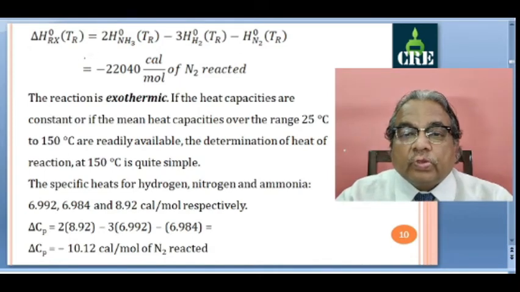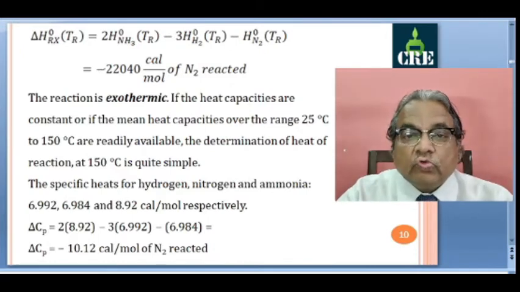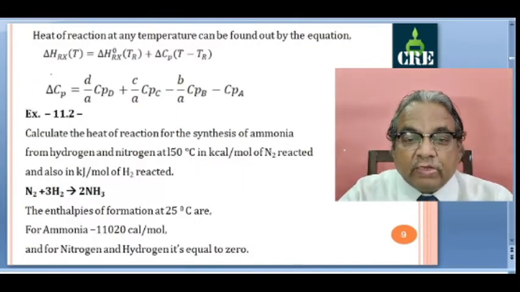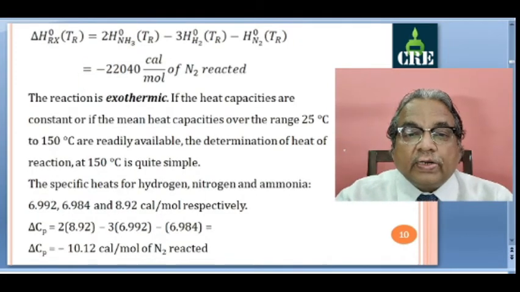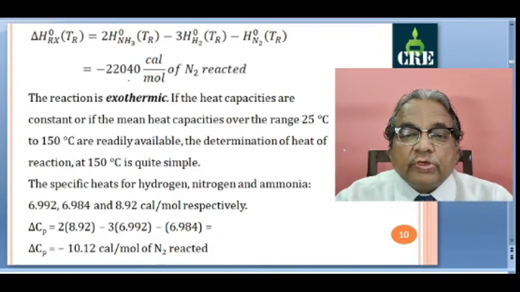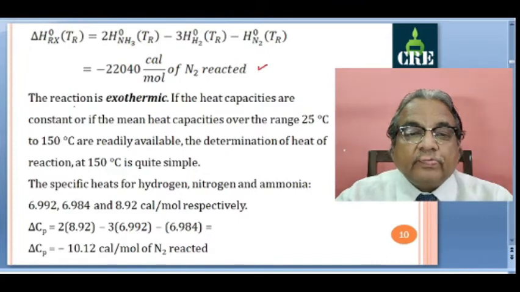So N2 plus 3H2 giving you 2NH3, that is ammonia. So this is 2 into, for nitrogen and hydrogen it is 0 and for ammonia it is 11,020. So at reference temperature 25 degree Celsius, this will be minus 22,040 calories per mole of ammonia reacted.